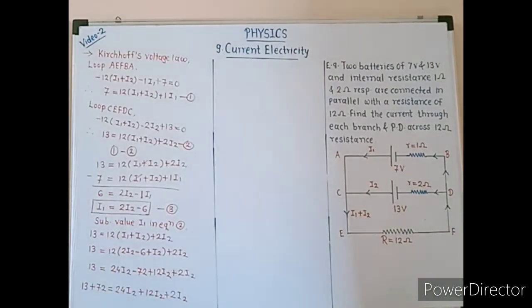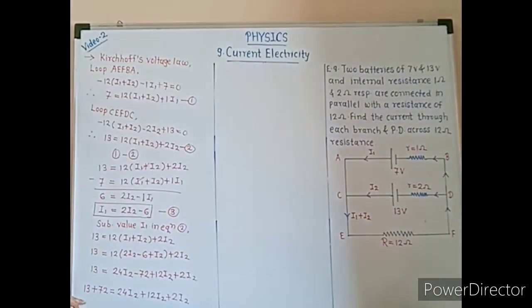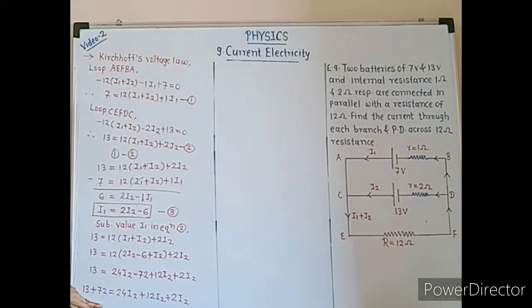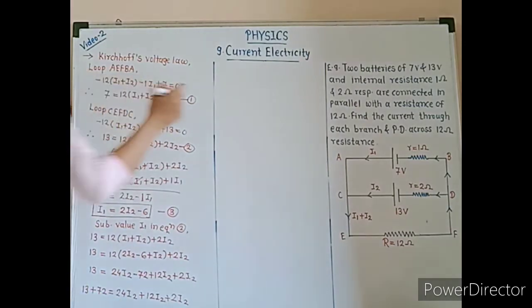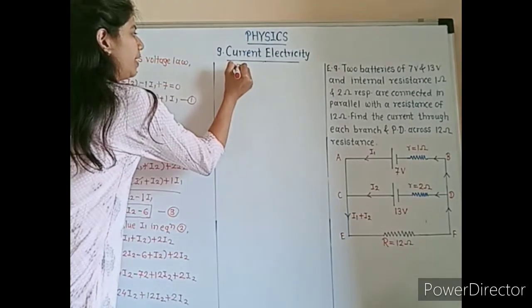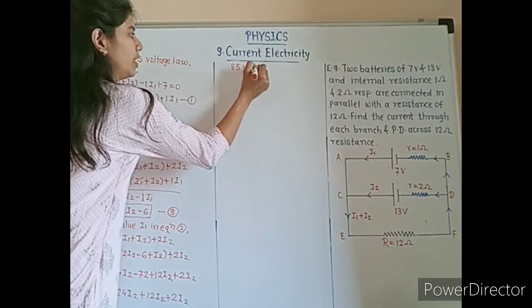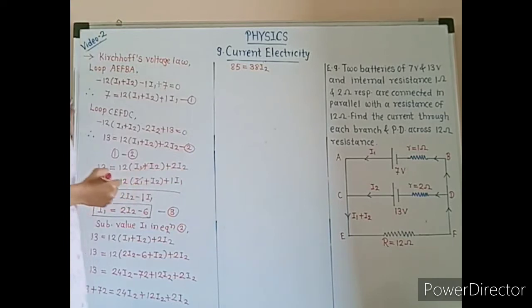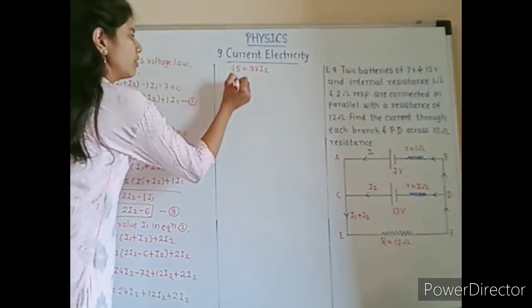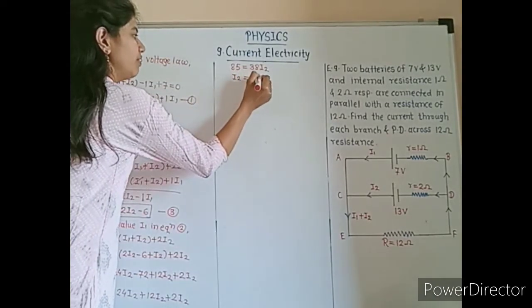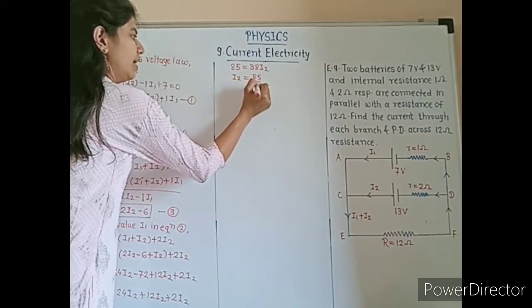Now 13 plus 72 is 85, and 24 plus 12 plus 2: 12 plus 2 is 14, and 14 plus 24 is 38. So we get 85 is equal to 38 I2, hence I2 is equal to 85 divided by 38.